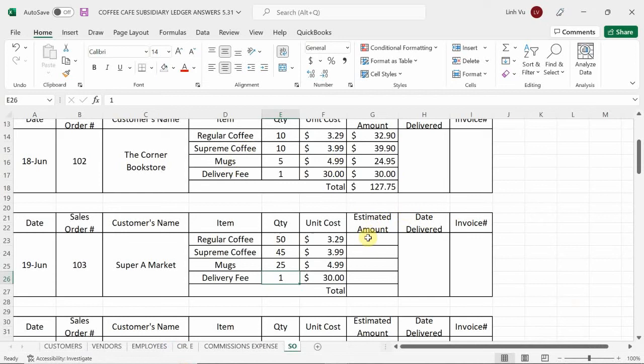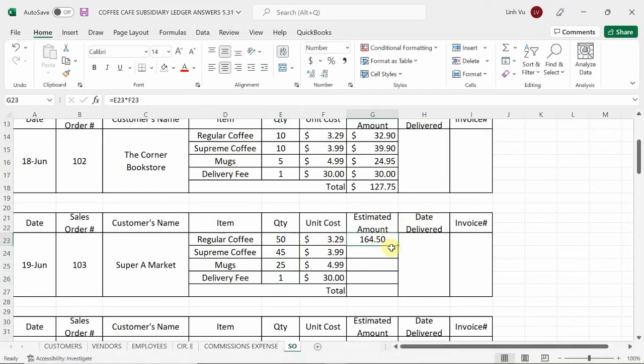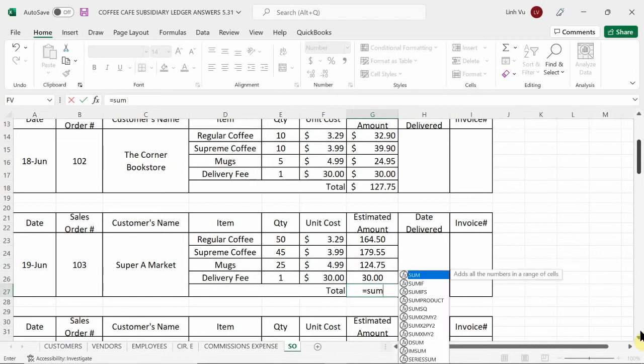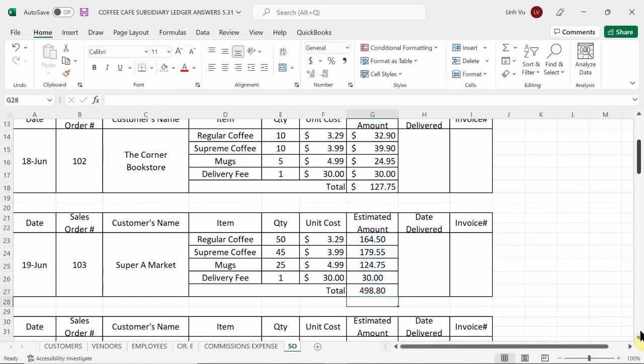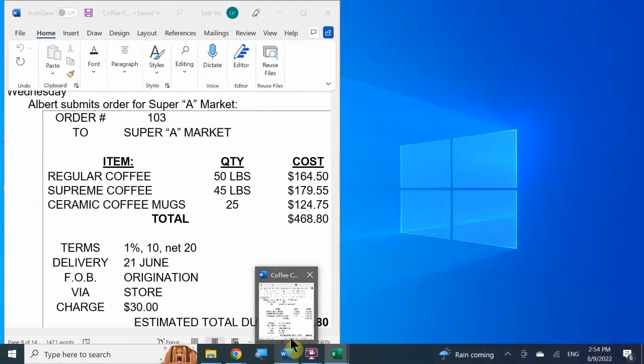So in this case, let's run my formula in here just to ensure that the calculations are correct. Equal sum, to $498.80, which is correct.